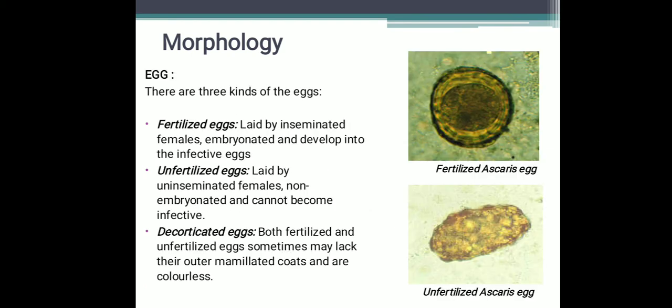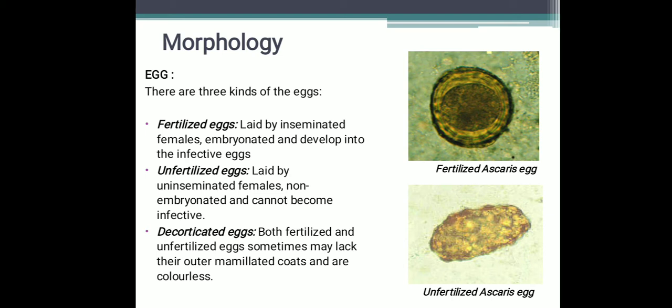The next morphology is the egg. There are 3 kinds of eggs: fertilized eggs, unfertilized eggs and decorticated eggs. The first picture is a fertilized Ascaris egg, and the next is the unfertilized Ascaris egg.